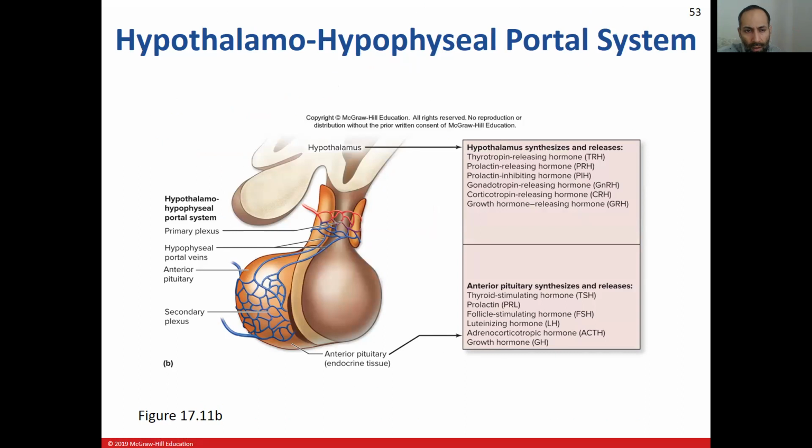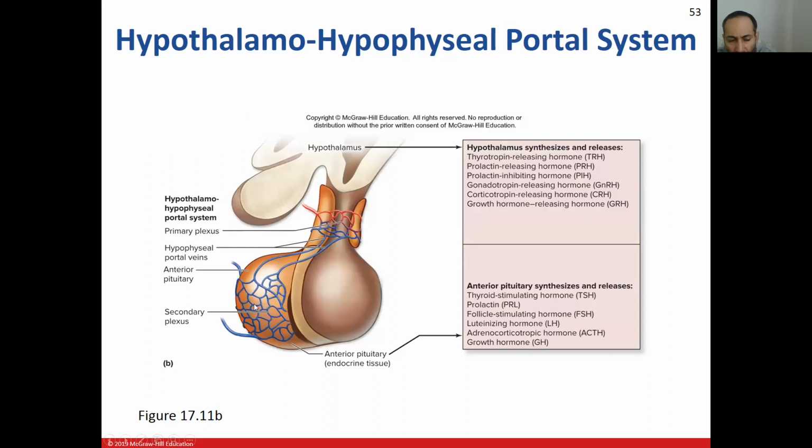All right. Now, remember how we mentioned that the anterior pituitary gland, this region, is connected to the hypothalamus by means of these blood vessels, right? And so these blood vessels make a network called a plexus, okay? The network of blood vessels around the hypothalamus higher up is called the primary plexus.